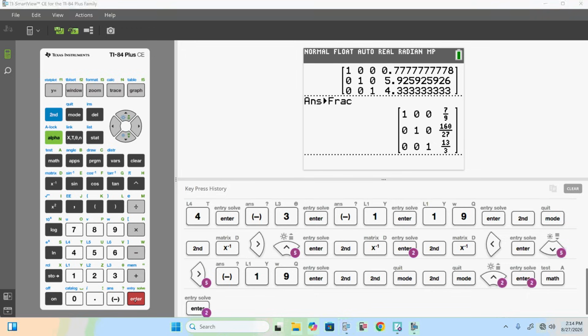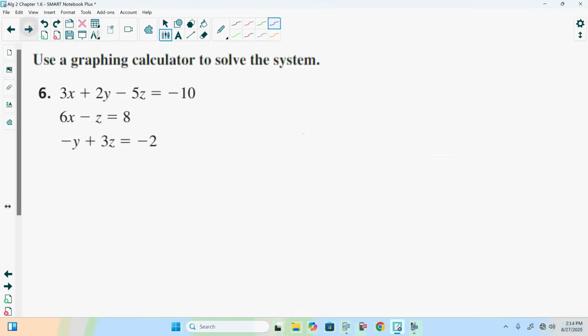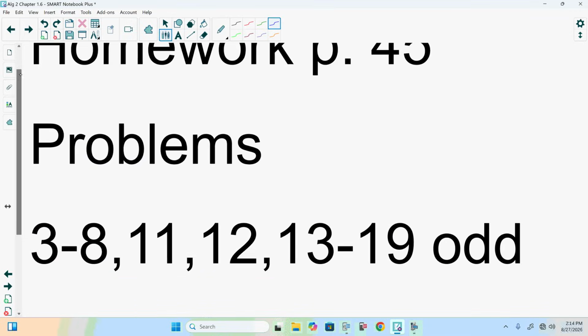But if we feel comfortable with this here, the homework is 3 through 8, 11 and 12, and 13 through 19 odd. For 3 through 8, write the augmented matrix, or write the system of equations in matrix form. 11 and 12 is find the mistake and correct it.